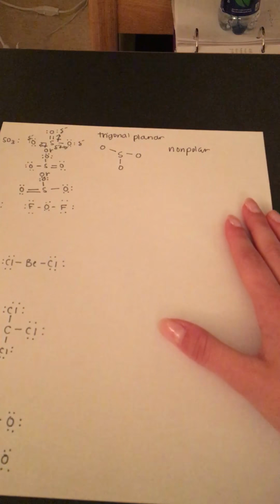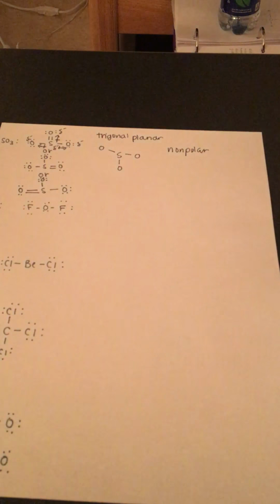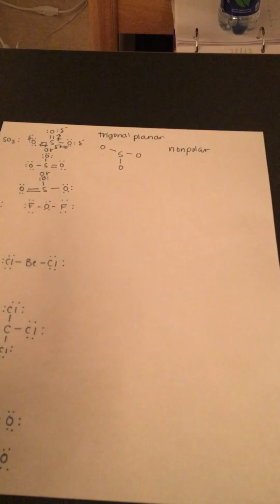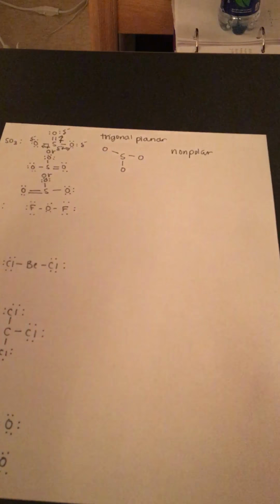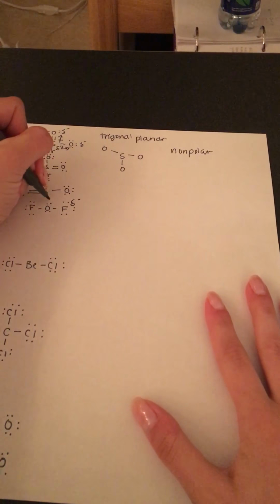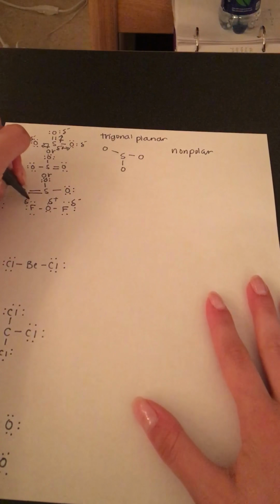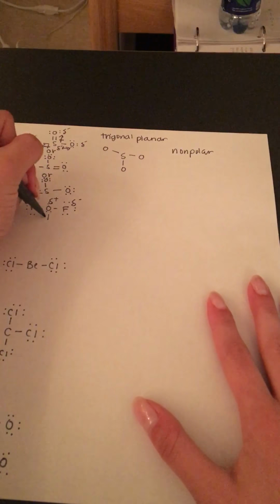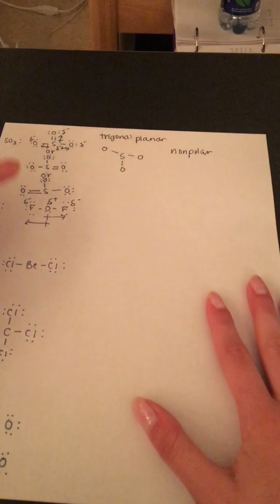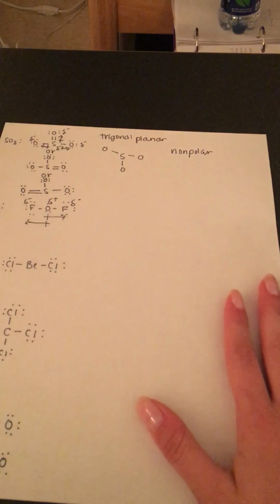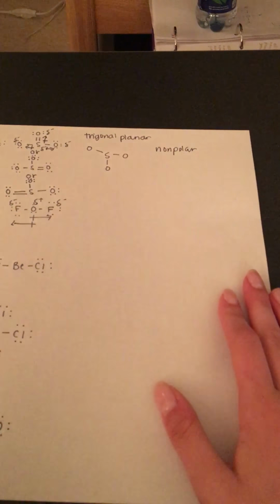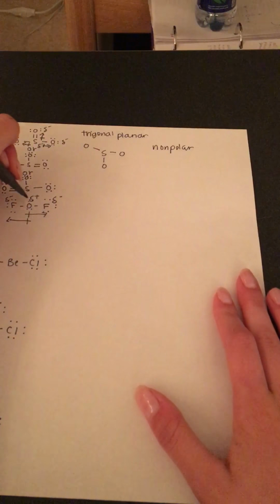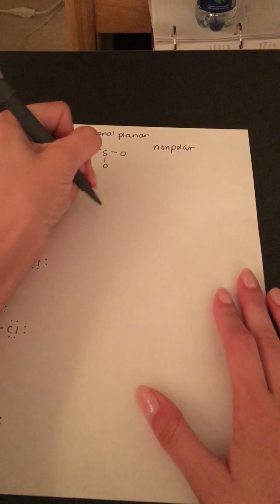All right, next we have OF2. So we have the Lewis structure, and we know that F is more electronegative than O is, so we'll put that there. Like I said, it's going from the positive to the negative. So the molecular geometry of OF2 is going to be bent because we have these non-bonding electrons.